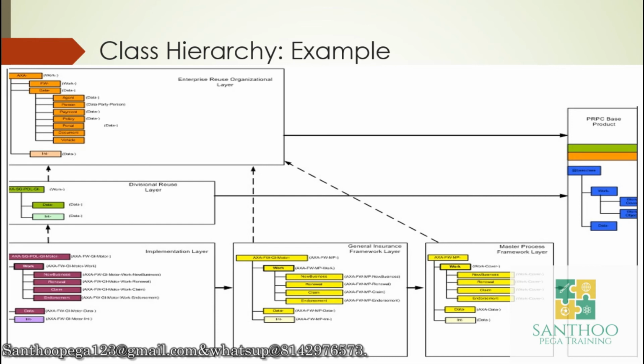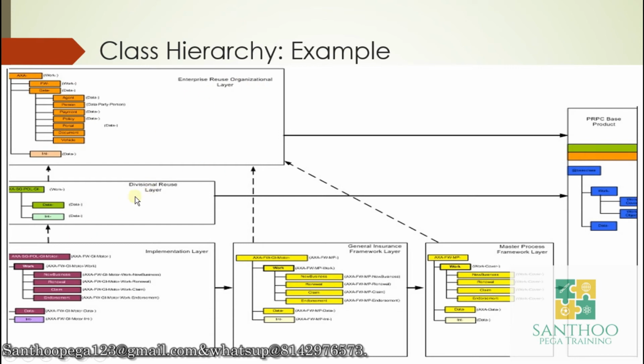At application design level we need to understand the hierarchy, the different layers of your application. So this is the base application, then one framework layer, and on top of that another framework layer. On top of that we have the implementation layer, and this is the organization layer.